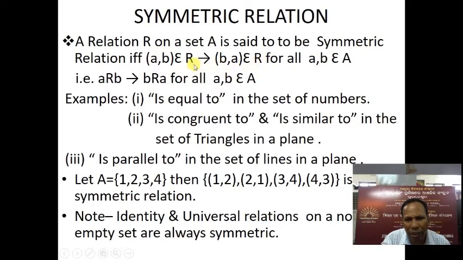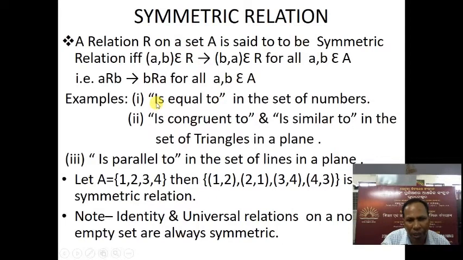Then and only then it will be symmetric, otherwise it is not symmetric. In other words, we can say a related to b implies b related to a for all a, b belonging to set A.